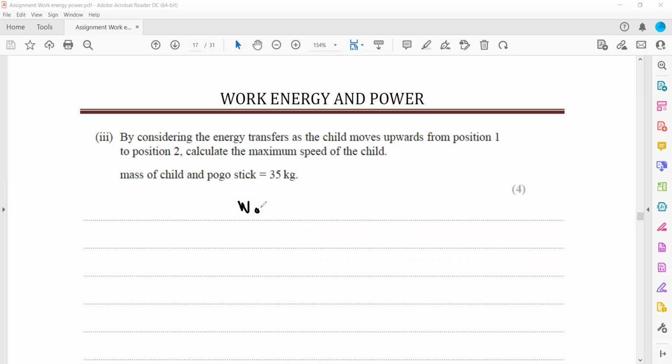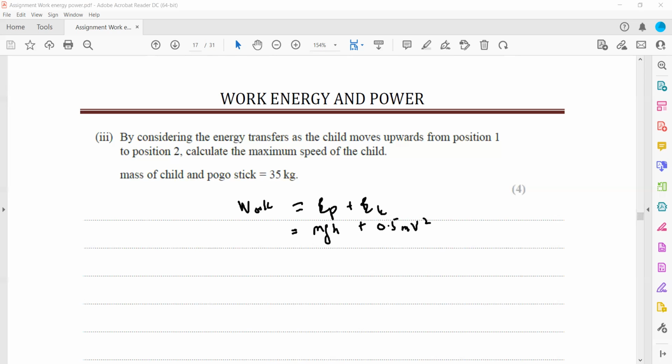The work done by the child, because he is gaining height, the potential energy will be there and there will be a kinetic energy. Potential energy is mgh plus kinetic energy, which is half mv square, or 0.5 mv square. And that's the work done.